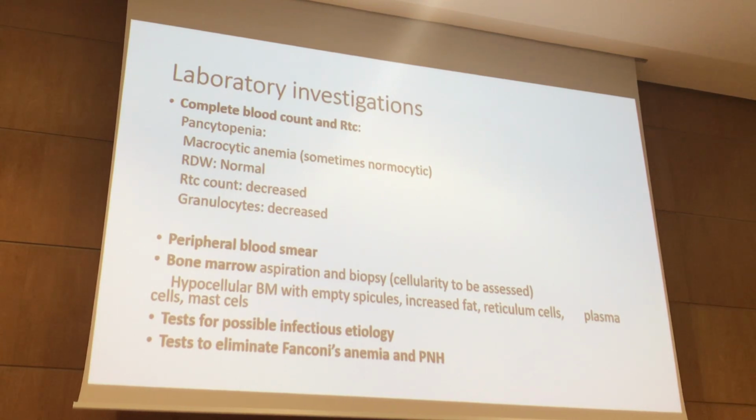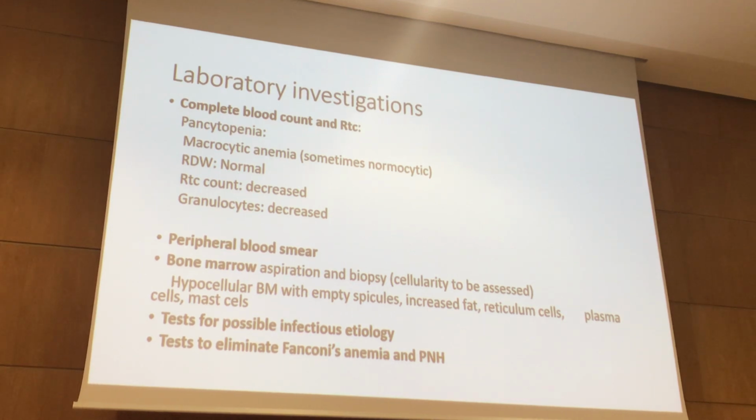There's no anisocytosis, so the sizes of all cells are almost the same. There are no big differences between the cells. Reticulocyte count is decreased, of course, and granulocyte counts will be decreased.